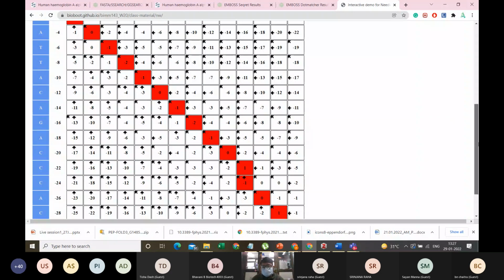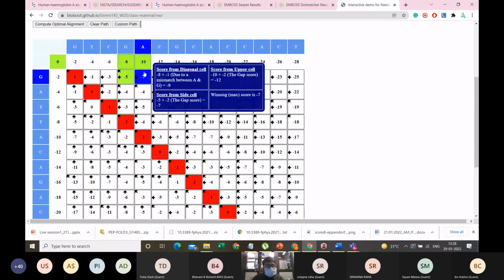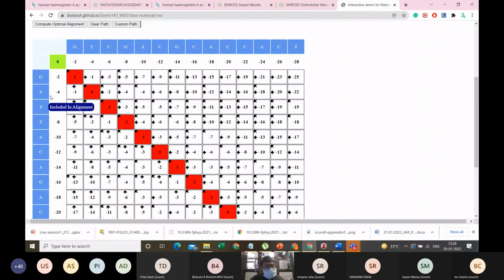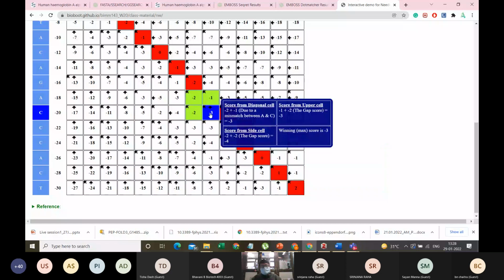Just think, if you are given sequences of length 14, how much you have to calculate for each score. If it is 100 sequences, then the program needs to calculate each score and finally trace it back diagonally.